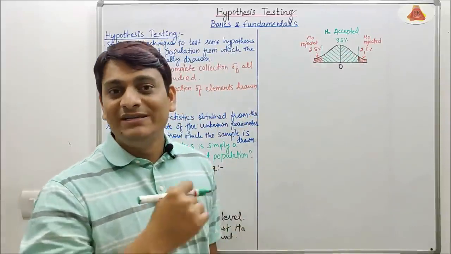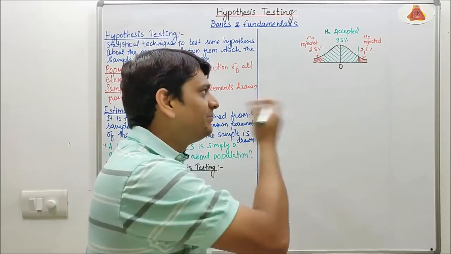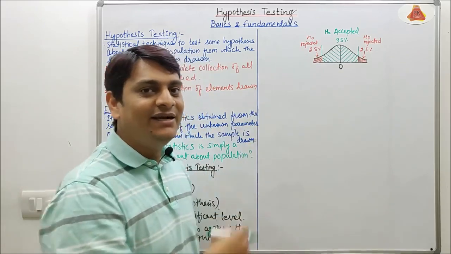But there is a one-tailed test also. A one-tailed test is of two types. One is left-sided and the second one is right-sided, like this.